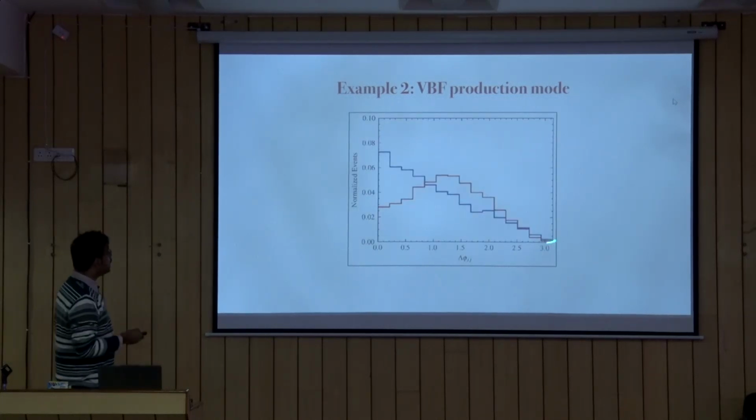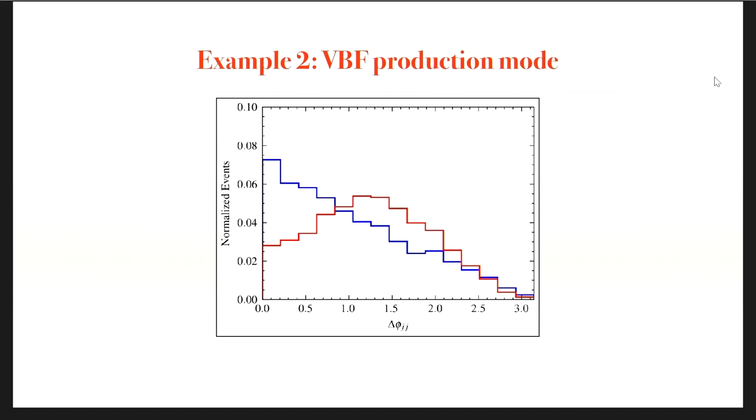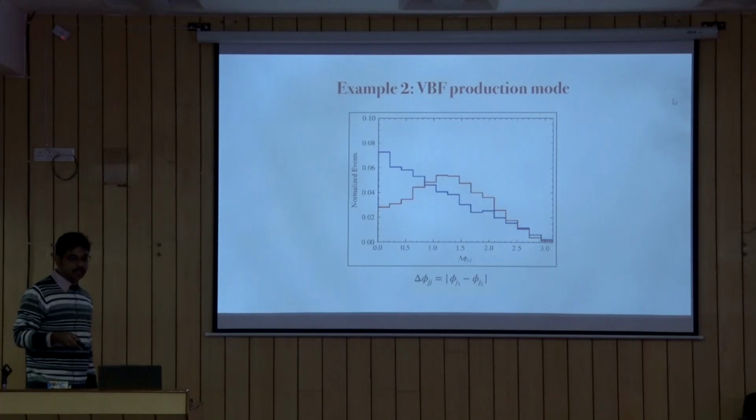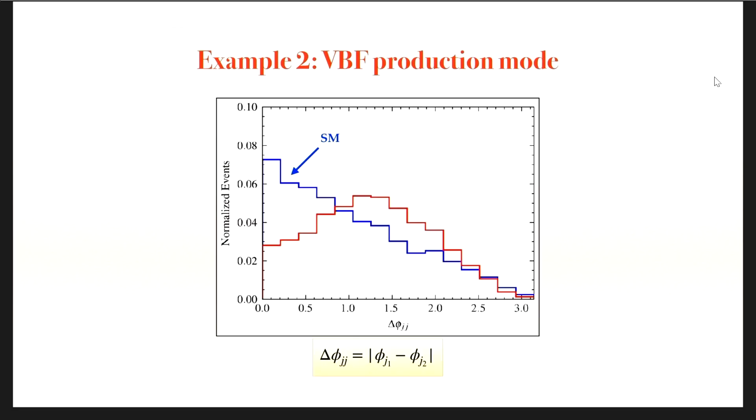And if I plot the delta phi jj distribution once more with normalized events, my apologies to Anupam, once again we see that this blue line is the one which has the standard model contribution, whereas the one in red is the one which has this additional contribution of this CP violating operator.